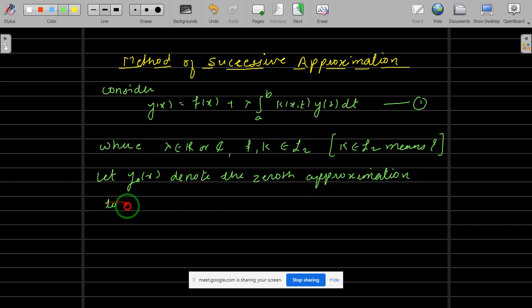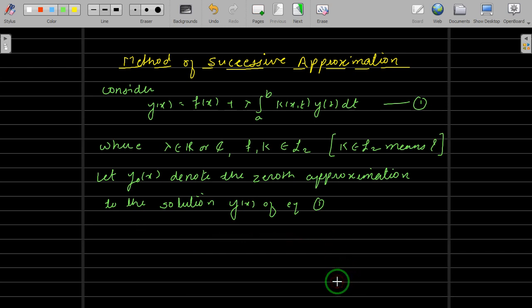Now you approximate, that means you first take what is y0. So for that you take y0 of x is equal to f of x. So your zeroth approximation for the solution is this function f.